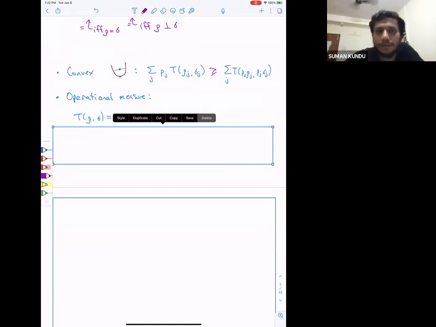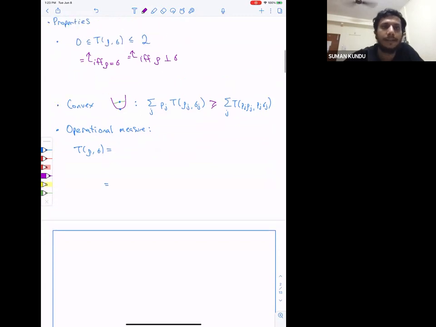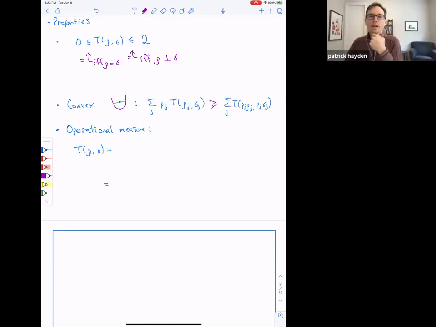Go ahead. This rho perpendicular to sigma, what algebraic equation says that rho is perpendicular to sigma? It's the condition that the non-zero eigenspace of rho is perpendicular to the non-zero eigenspace of sigma. I see.